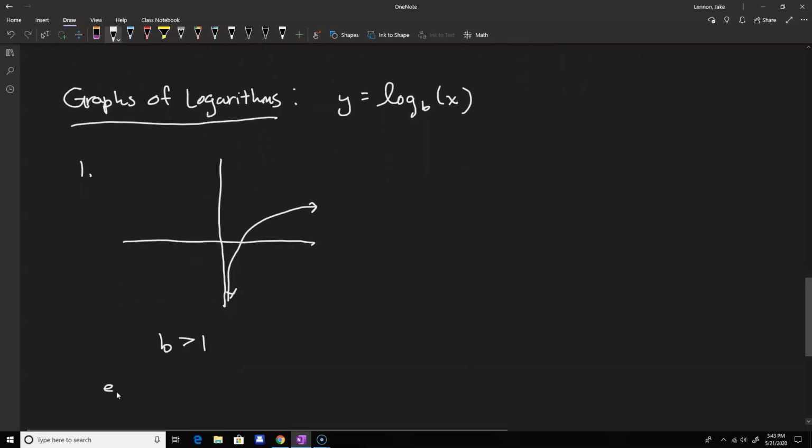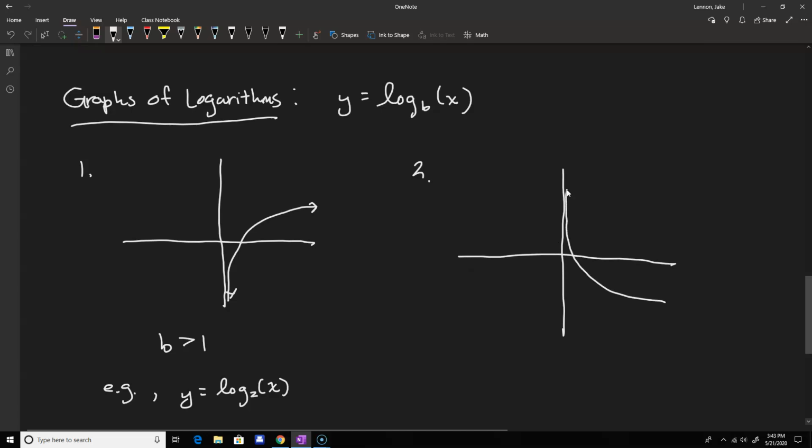So maybe we'll go to Desmos and take a look at the y equals the log base 2 of x. Maybe we'll look at that graph. And then the second one, we could look at maybe log base 1/2.